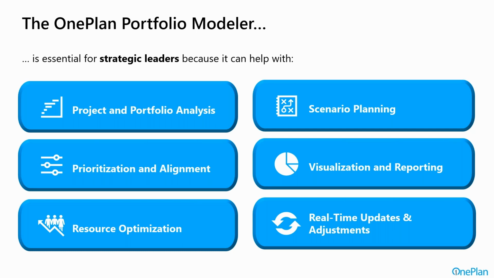And it's a real-time update, meaning that anytime you go into the modeler, that is showing you exactly what your data is today. There's nothing that you have to do in there. You have that real live data, and this enables leaders to adapt swiftly to any changes in their business environment.